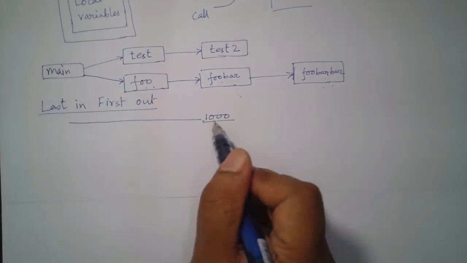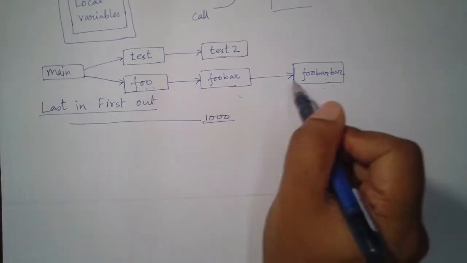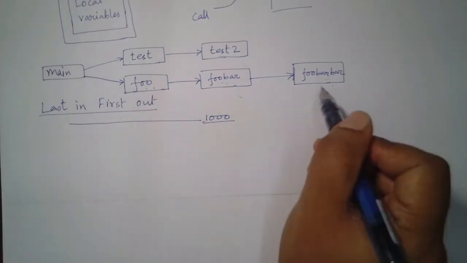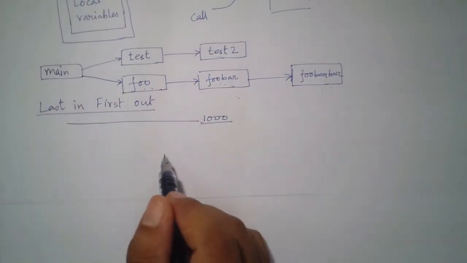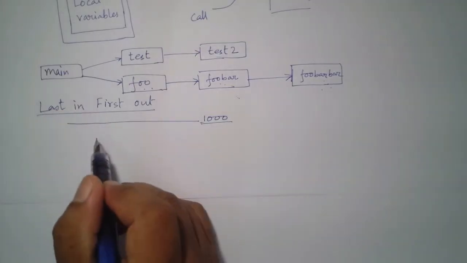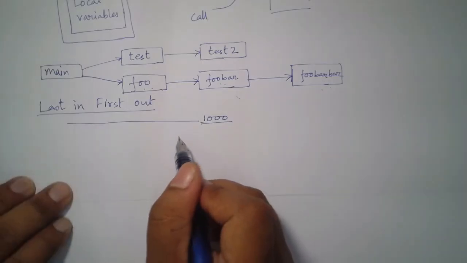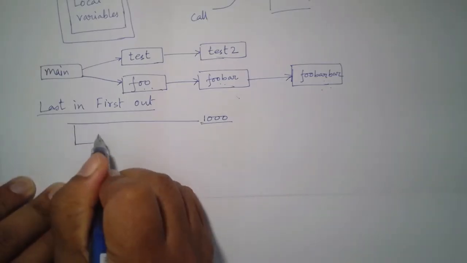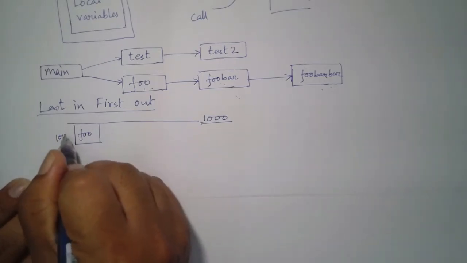So, this is the top of the stack. Now, if I look at the allocation blocks for this chain of functions, from main when I call foo, I will be saying that okay, allocate this much memory for foo, let us say 100 bytes, just an example.